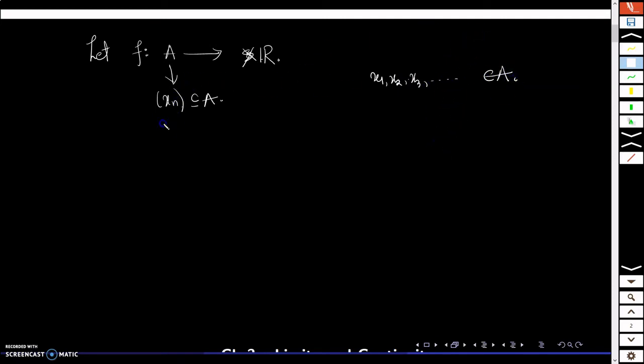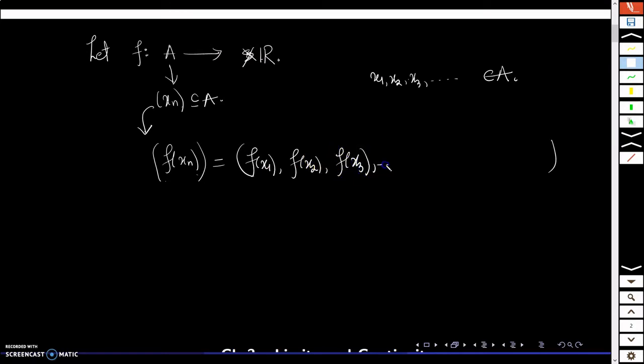Then from this sequence, I can obtain one more sequence, f of xn, whose terms are the images of the sequence xn under the function f. So this new sequence will be f of x1, f of x2, f of x3, and so on.